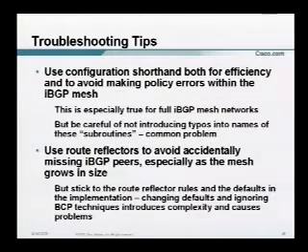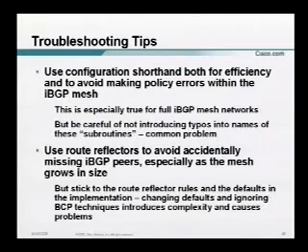But then, of course, stick to the route reflector rules. Keep them all nice and simple. Don't go for complex setups and situations. As I say here, changing defaults and ignoring the best current practice techniques just introduces complexity. And I think it's been said here for years and years, keep it simple. If you try and keep everything as simple as possible, it makes your troubleshooting much, much easier.